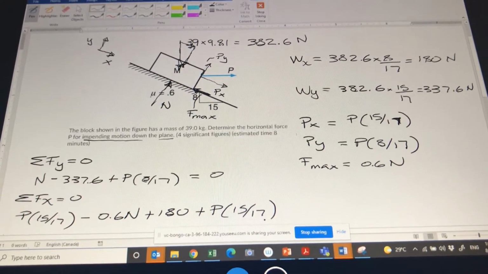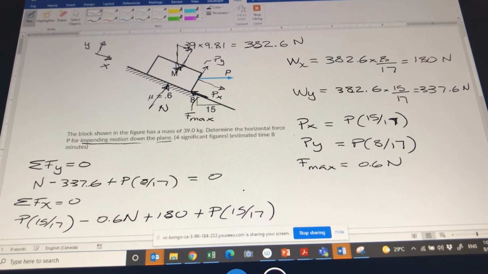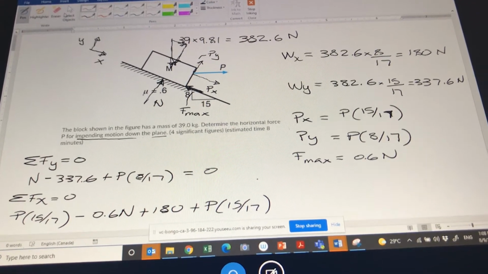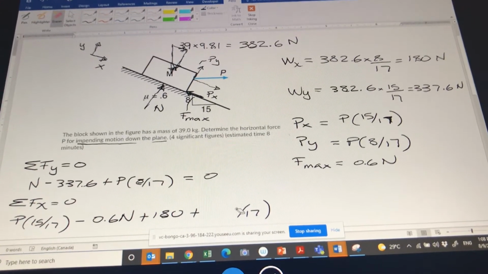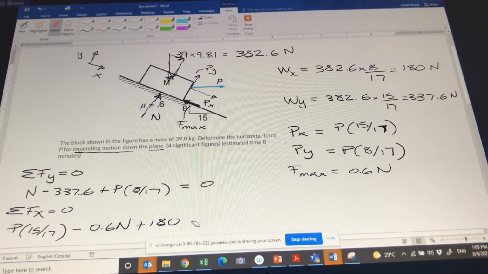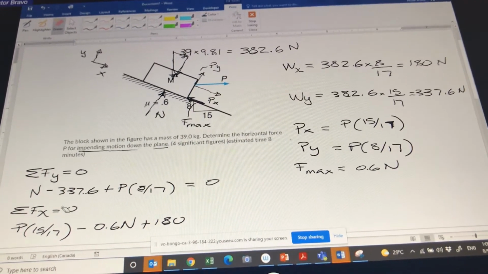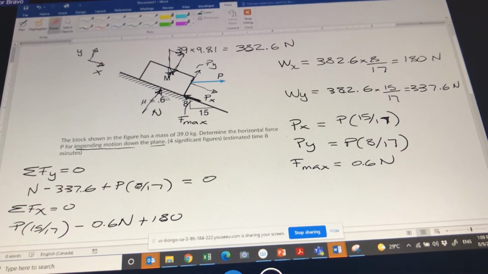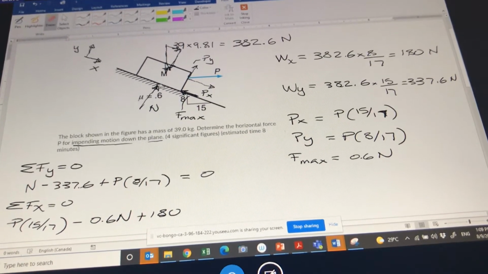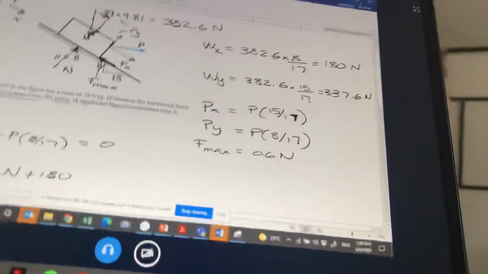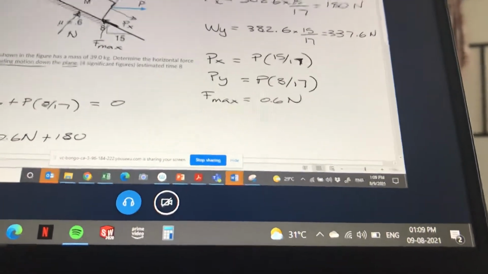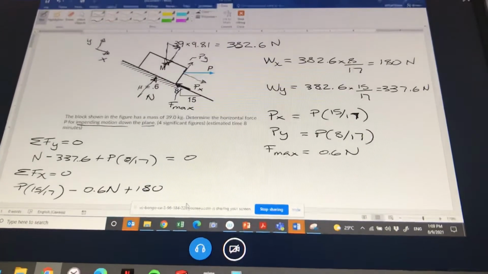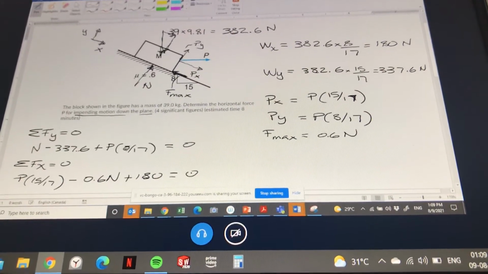Okay, so we got the component of P, we got 0.6 N, which is the friction force, which is in the negative direction, and we got the weight, which is 180. And that should be equal to 0.